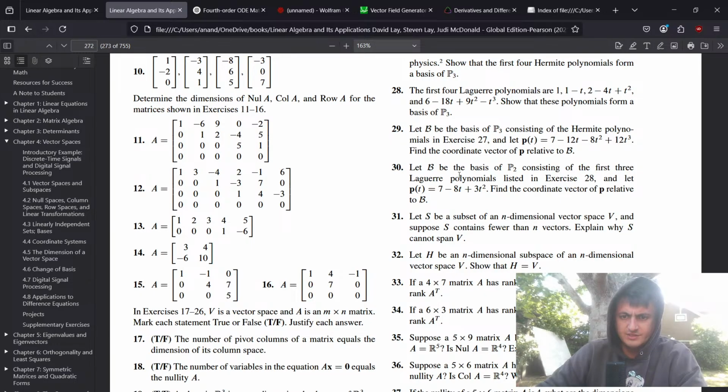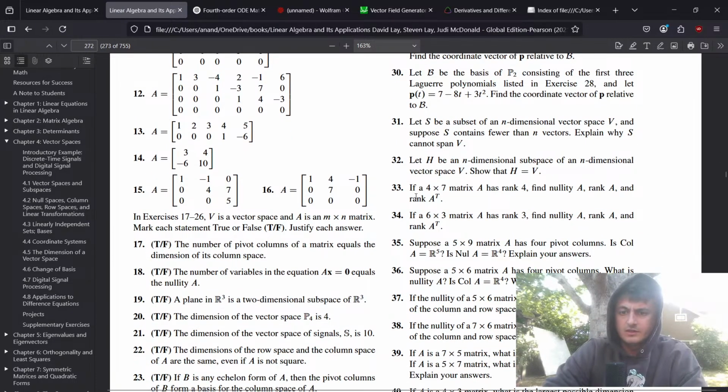Let H be an n-dimensional subspace of an n-dimensional vector space. Show that they're equal. Maybe that's interesting. All right, we'll do 33. 33 is easy.